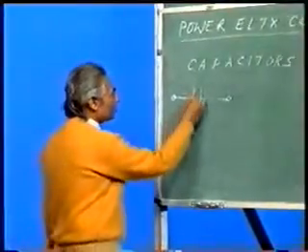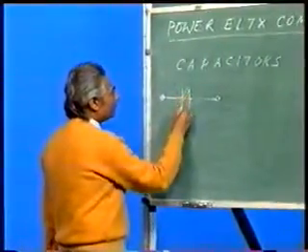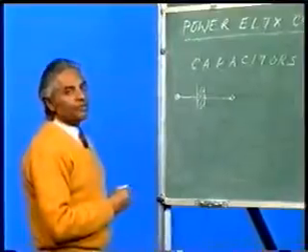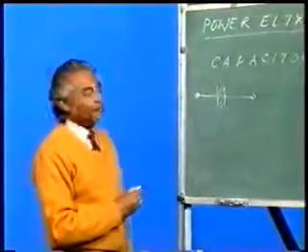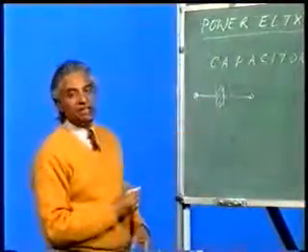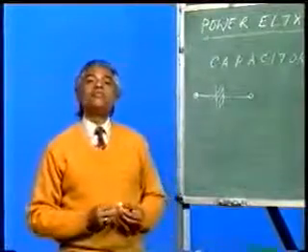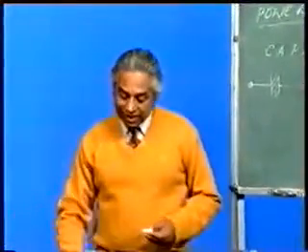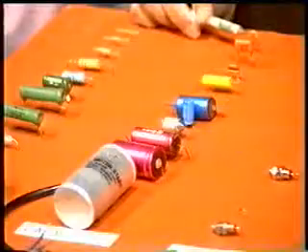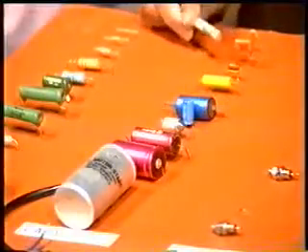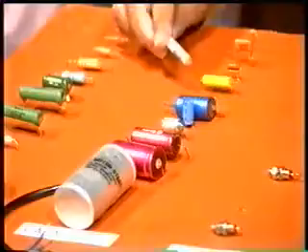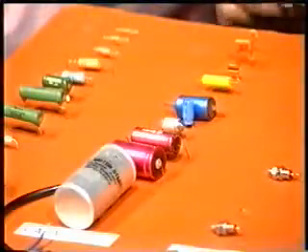The 2 electrodes are separated with the help of a dielectric medium. Depending on the medium, there are various types of capacitors. You see the ceramic disc type, the polyester type, and so on.